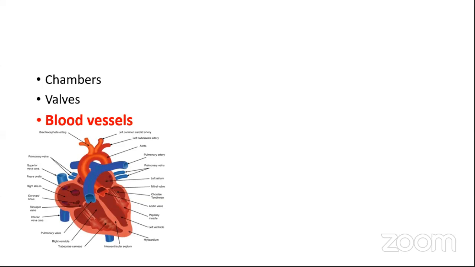Again, some blood vessels carry the blood to the heart, and some take the blood from the heart to different parts. That is the heading you are reading here. So, to the atrium: some blood vessels bring the blood to the heart.